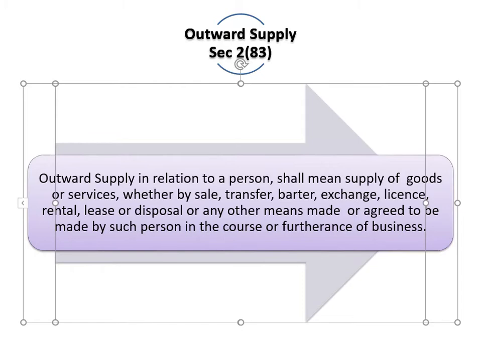Speaking about outward supply, in relation to a person, it shall mean a supply of goods or services, whether by sale, transfer, barter, exchange, license, rental, lease, or disposal, or any other means, made or agreed to be made by such person in the course or furtherance of business. Even a case of agreed to supply will also be considered outward supply.